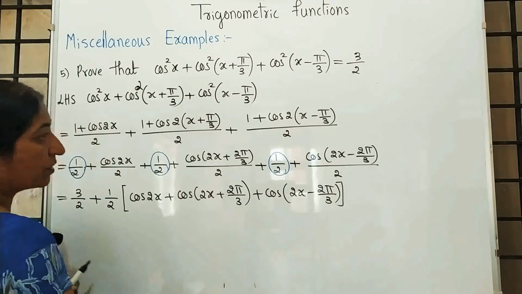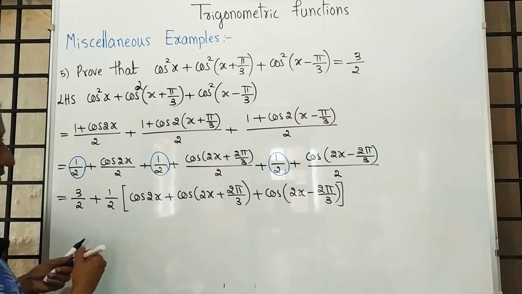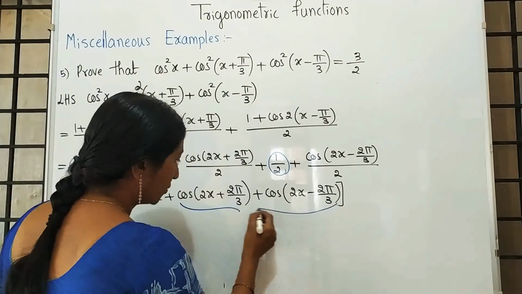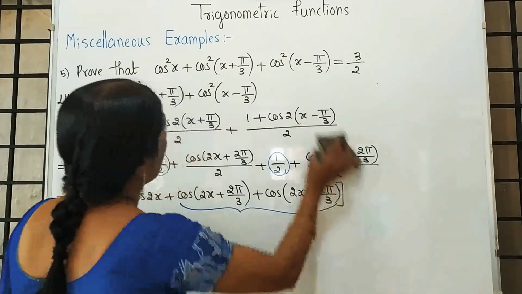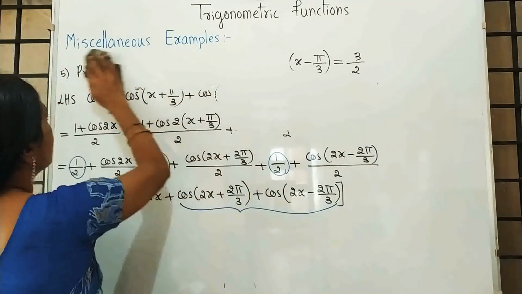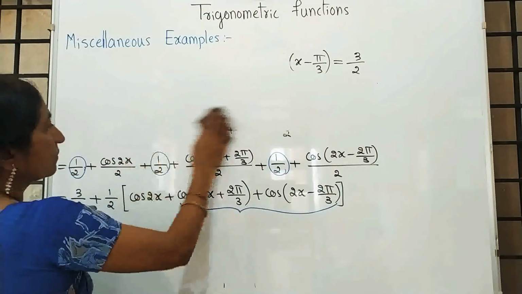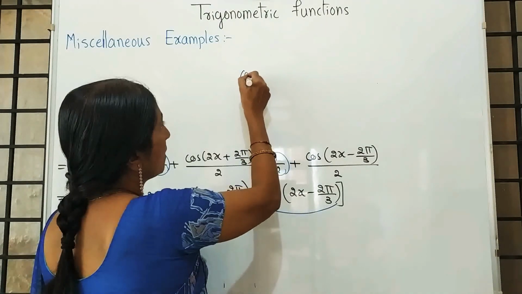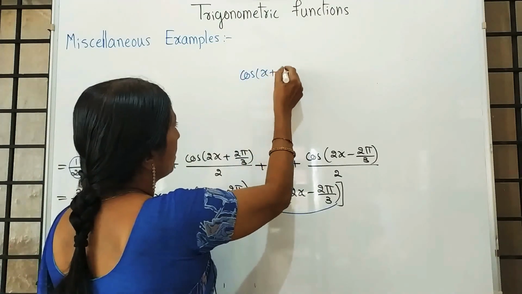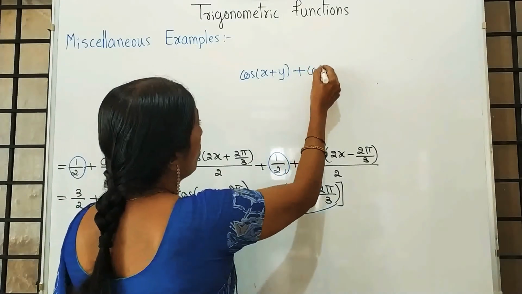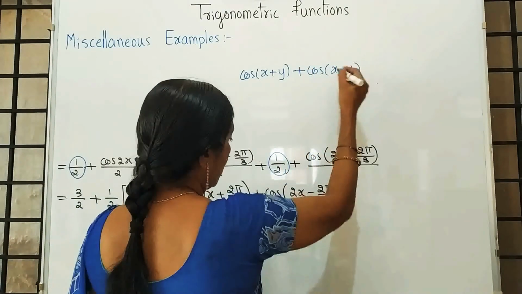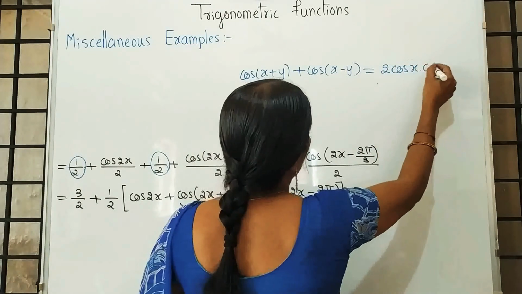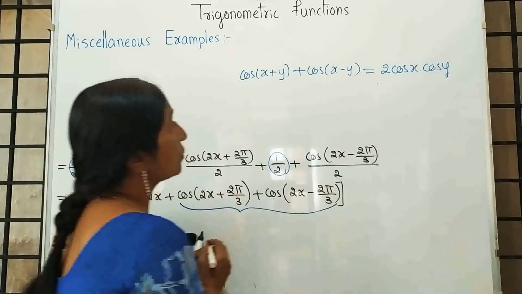When you observe these last two terms, they are in the standard form cos x plus y plus cos x minus y is equal to 2 cos x into cos y, the transformation formula.